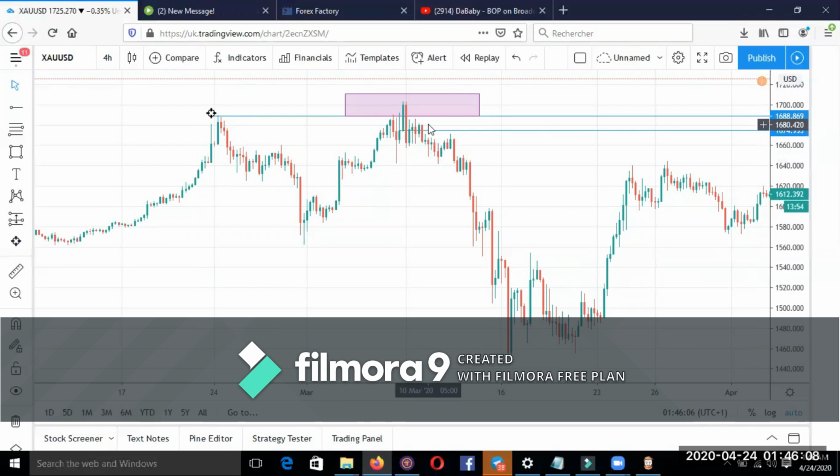This was our recent swing over here. I think I would take a Fibonacci and put it there to give us an optimum trade entry.